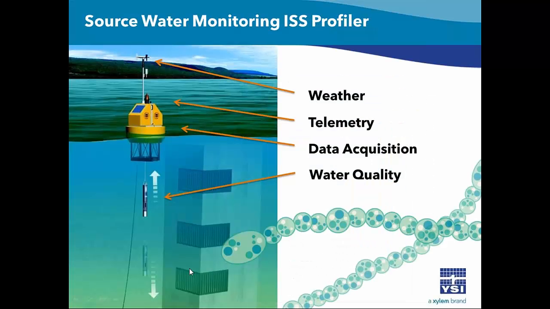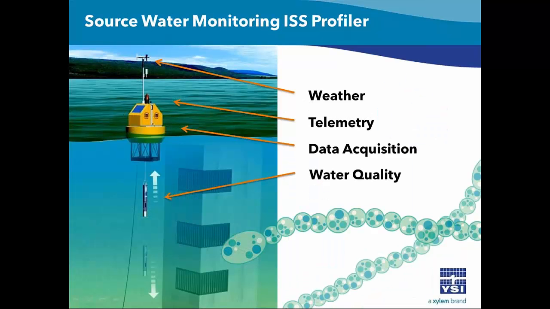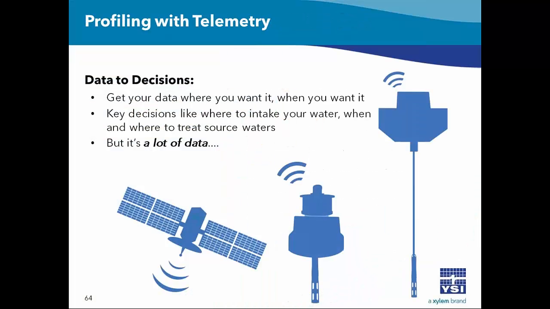So for example, if you have a water intake with multiple levels, you can drop a sonde along a vertical profile and understand where the highest density of algae is in that water column. And you can use that to decide if you want to use one of these 3 different intakes in your water plant.